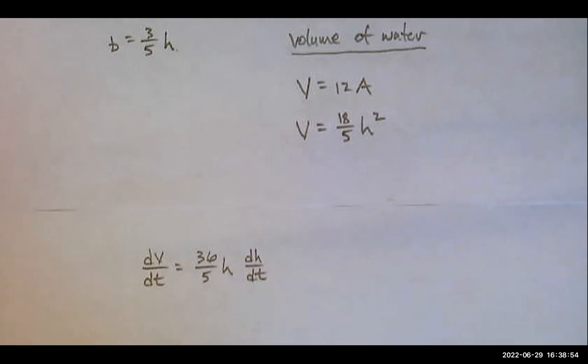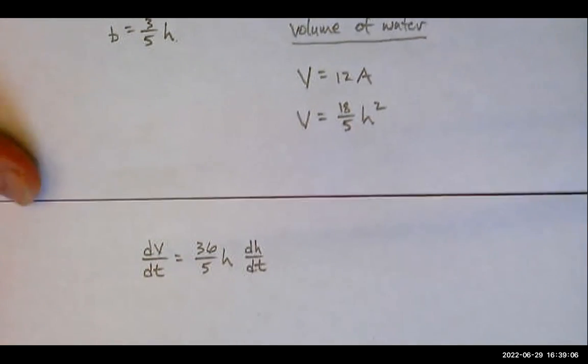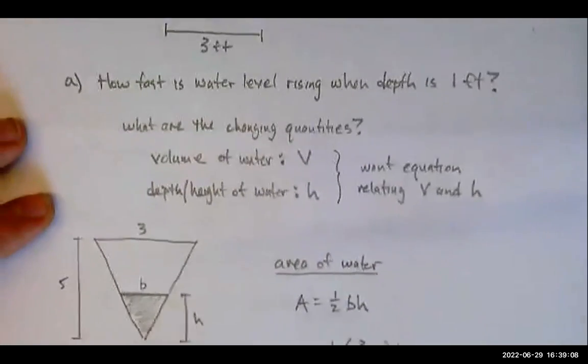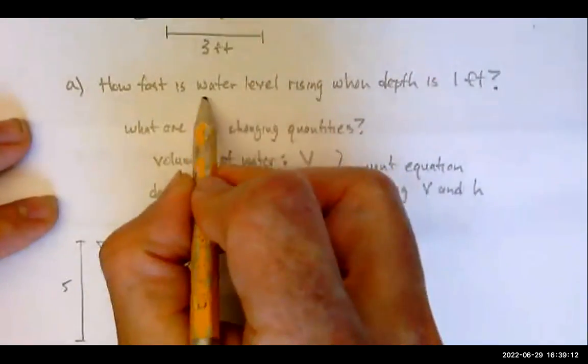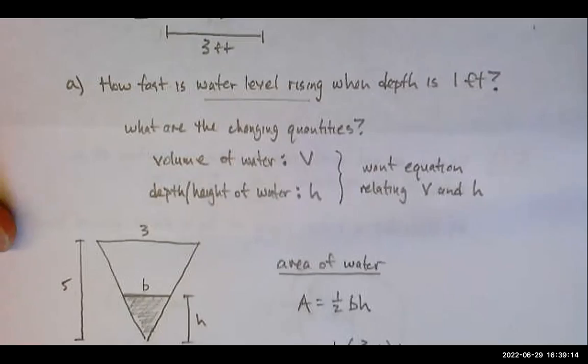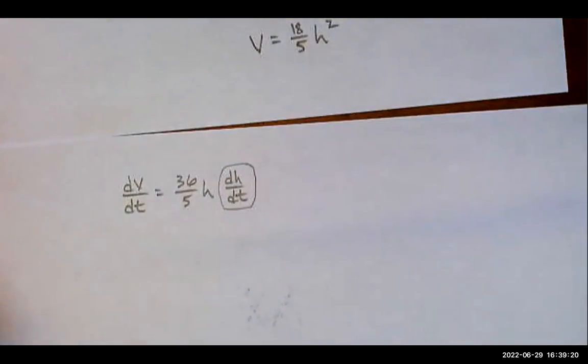Now we got to think, okay. In our derivative equation now, which of these rates are they asking about? So if you go back to the original question, how fast is the water level rising? Well, that's talking about the rate of change in the height. So it's the dh/dt that we're trying to figure out.